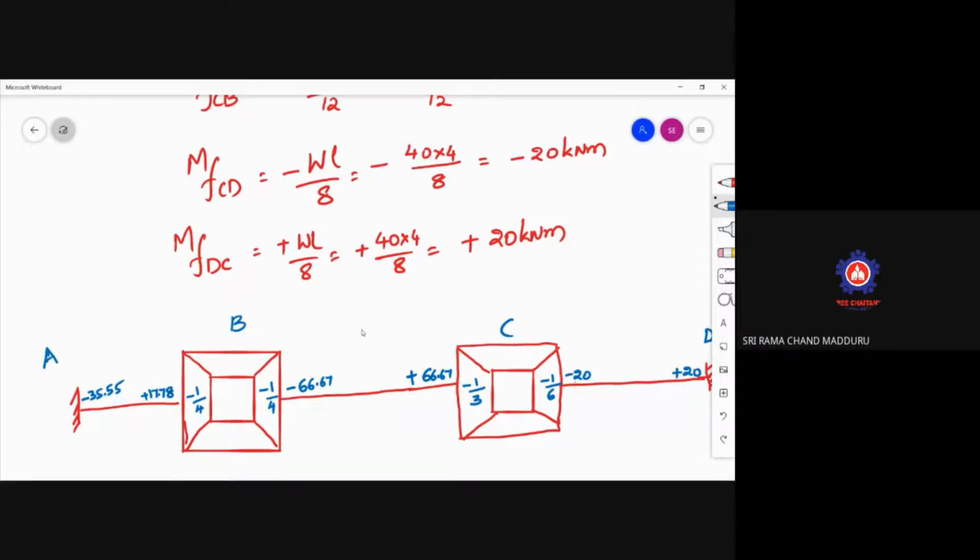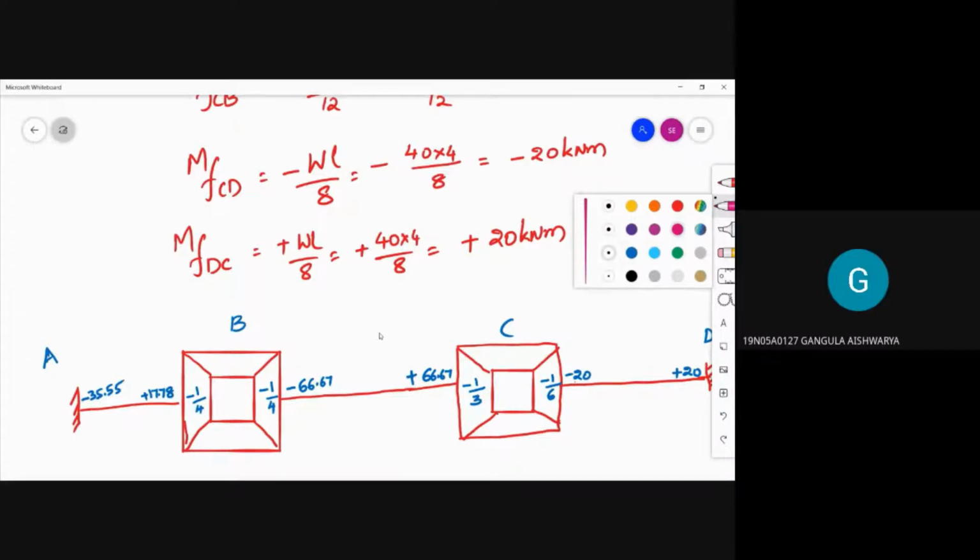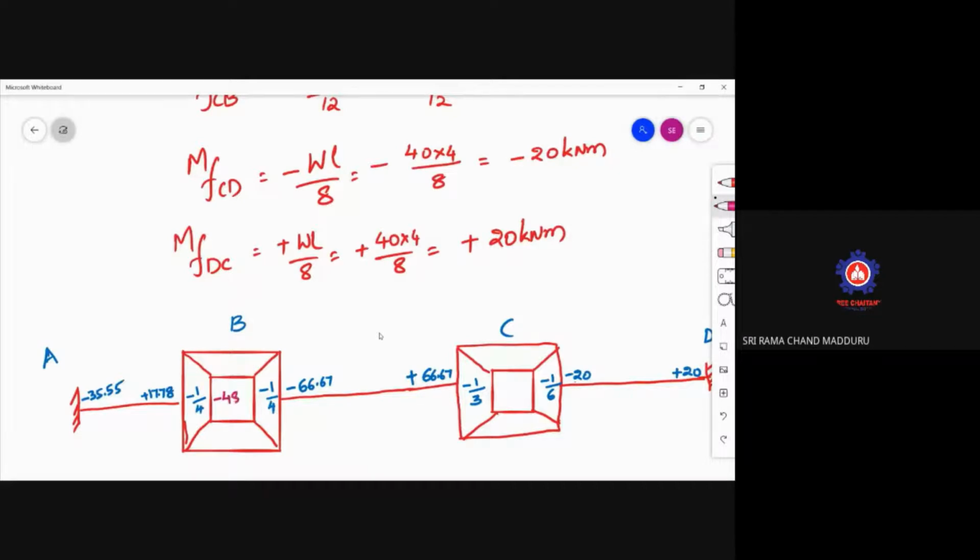Now, the sum of restrained moment at joint B as well as at joint C. Sum of restrained moment is nothing but the fixed end moments, these two added together. So plus 17.78 minus 66.67, which is minus 48.89 kilonewton meter.